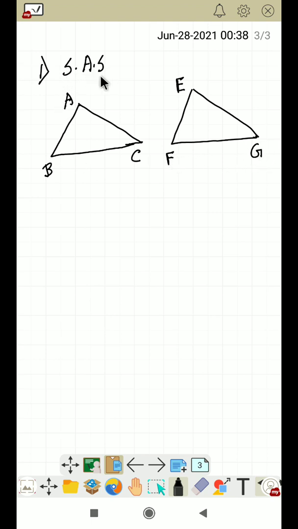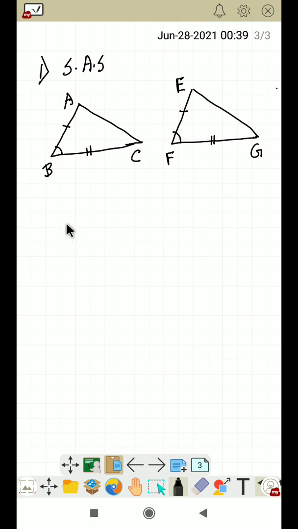So side angle side means suppose this side is equal to this side, this angle is equal to this angle, and again a side, this side equal to this side. If this property holds, then you can say that these two triangles are congruent.